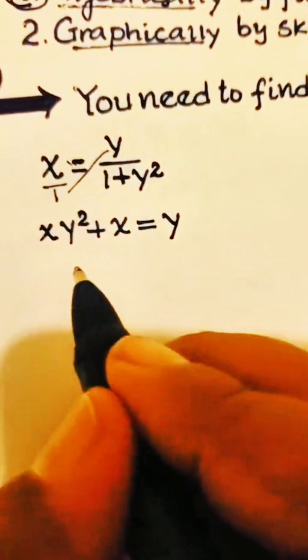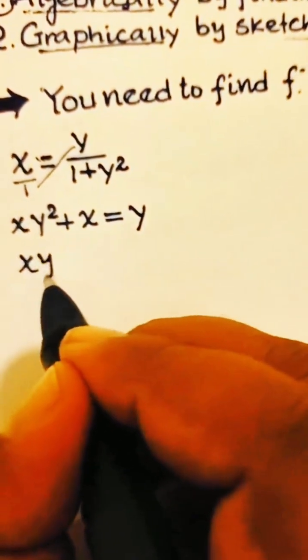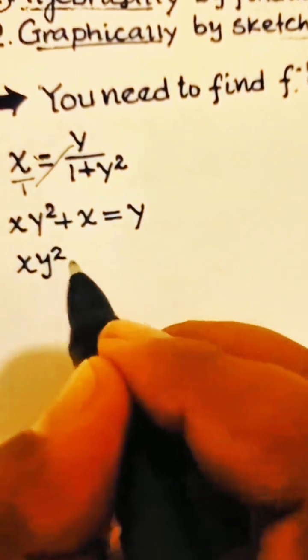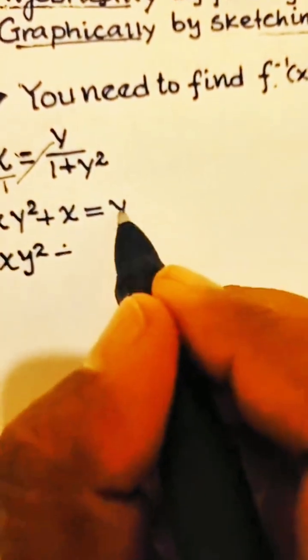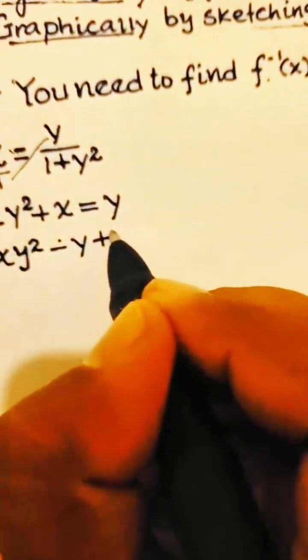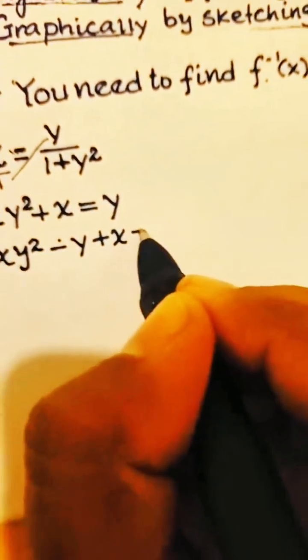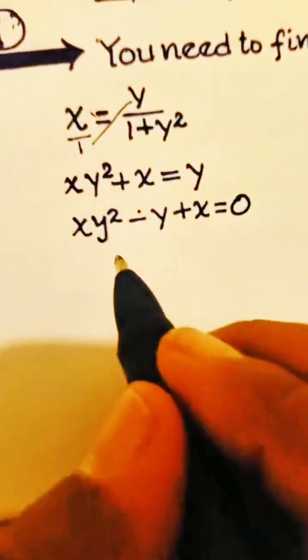Now let's transfer the y from the right to the left side. We will have x y squared minus y plus x equals 0.